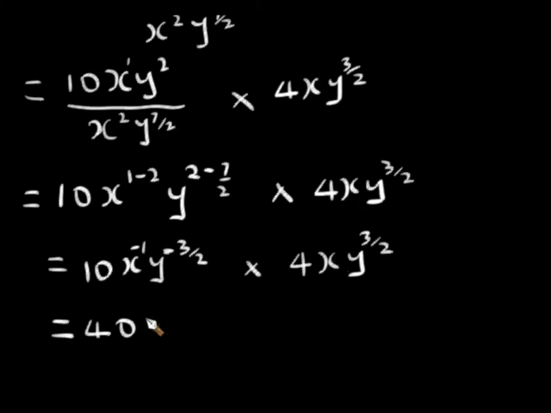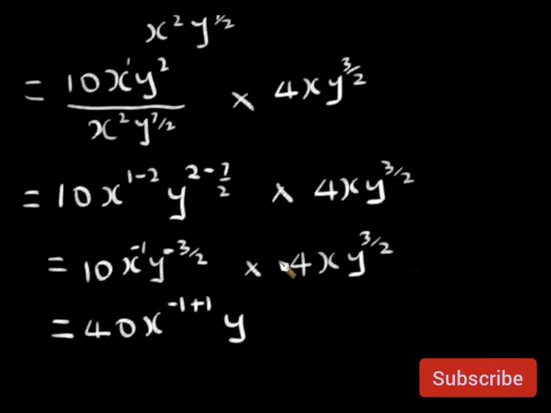So it's going to be x raised to power -1 plus 1. Then y raised to power, now there's a minus 3 over 2 here, and a positive 3 over 2, so we add the powers. That's going to give us minus 3 over 2 plus 3 over 2.